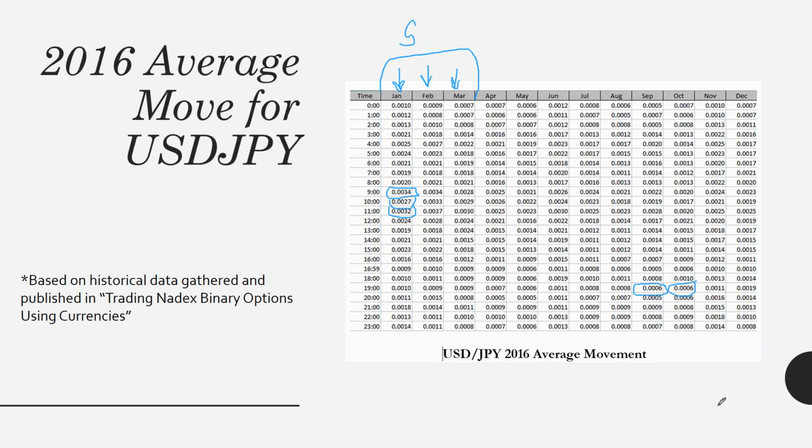It's data that I've gathered over the last 10 years. I actually have it from, I believe, 2005. And it's printed in the book for each of the currencies. Any other questions on this chart?